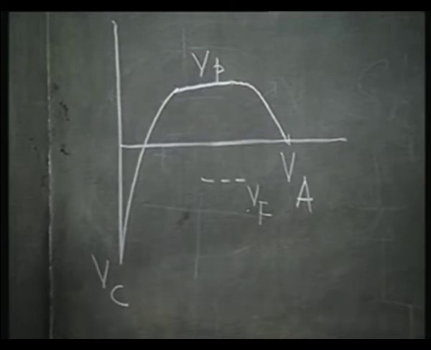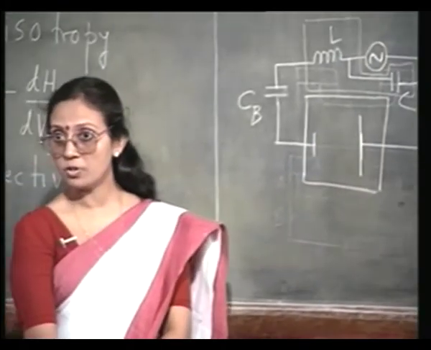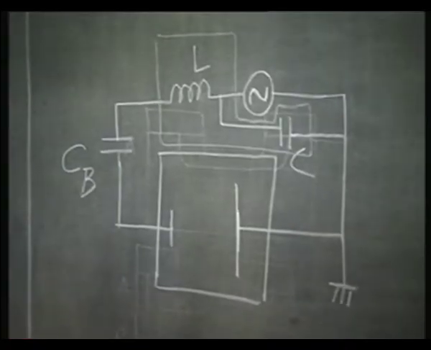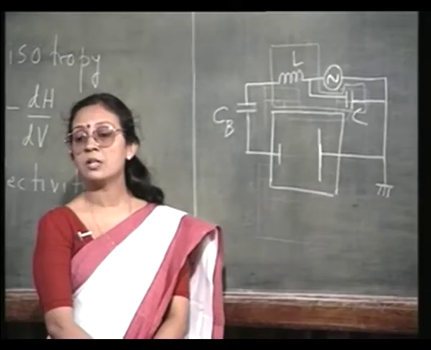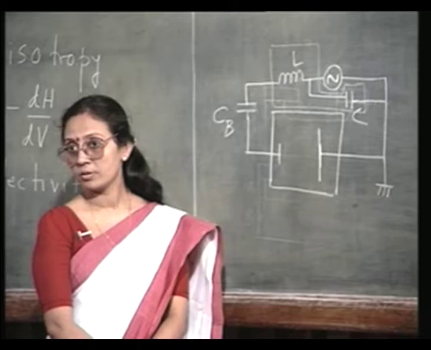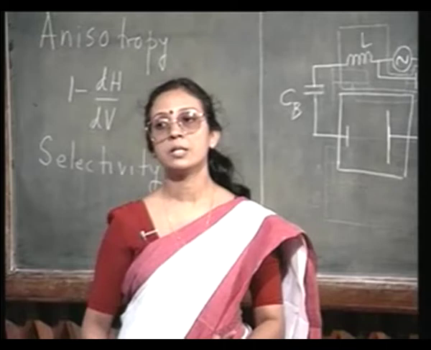You can further increase this ion bombardment energy by making this electrode smaller compared to the other electrode, or by lowering the pressure in the chamber, or by lowering the frequency of the RF operation. You can obtain a very high ion bombardment energy.